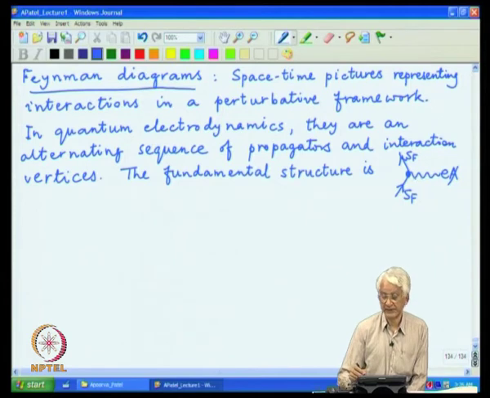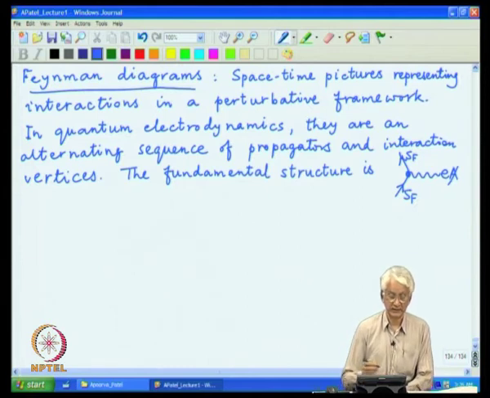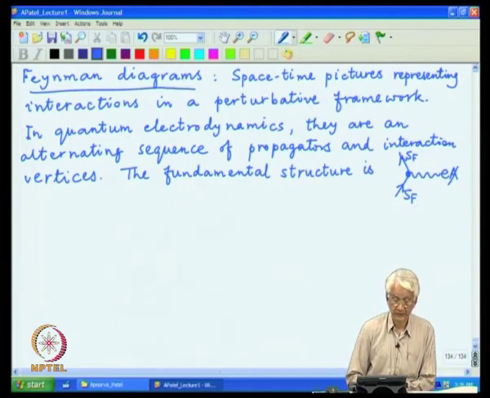Right now, the vertex can be just the interaction of a fermion with a background electric field represented by E A slash in terms of an operator structure.